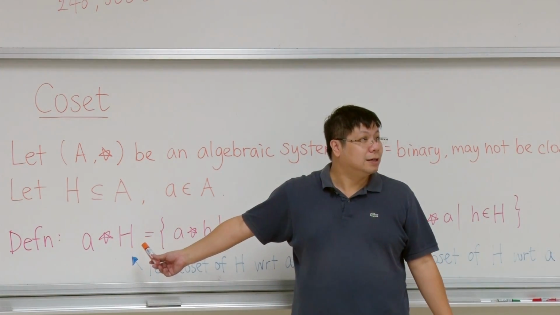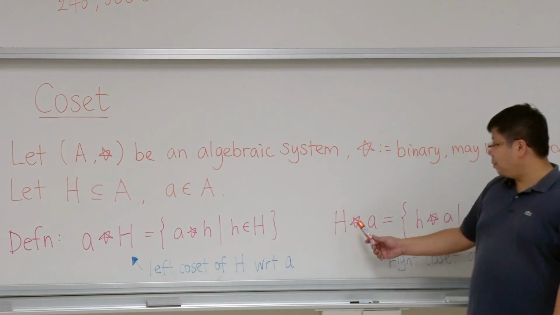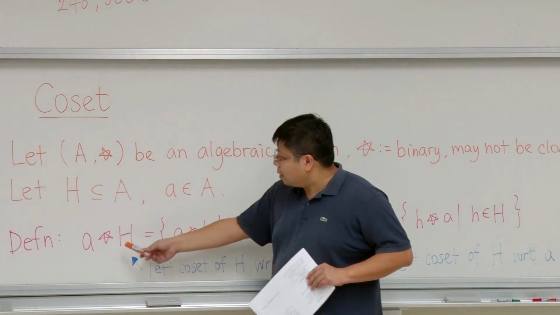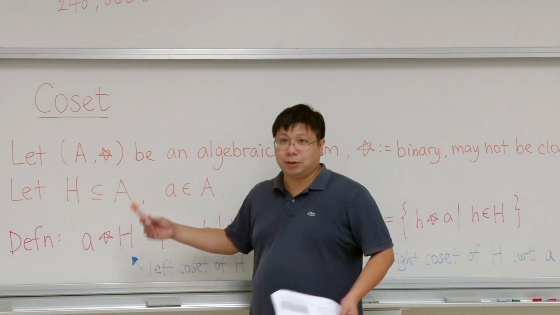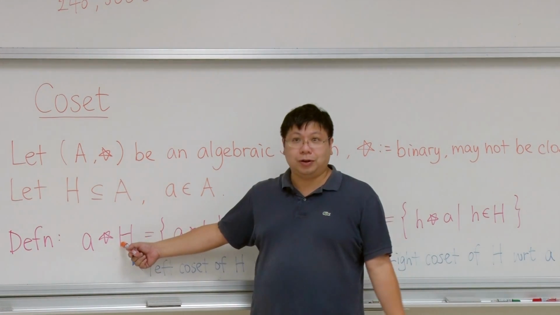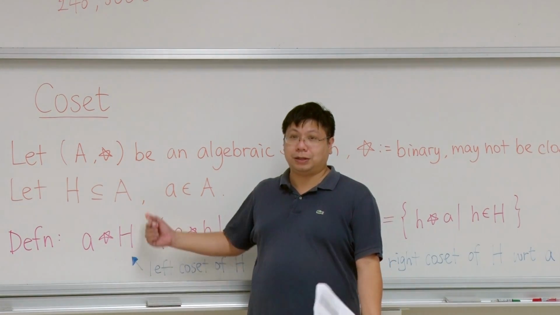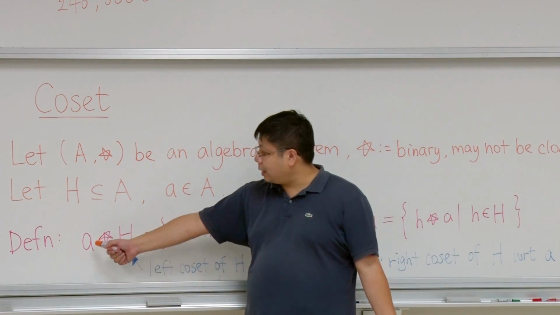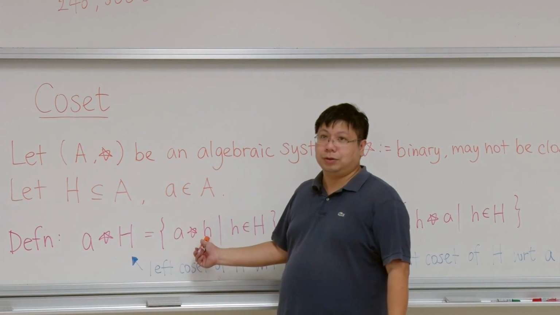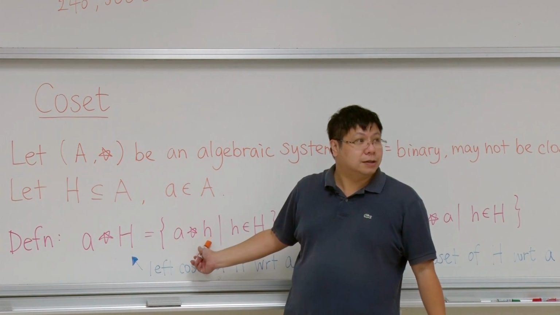Similarly, you can look at this notation. It is easy to see what a star small h is; it is just one item. A star big H, because H contains many things, maybe h1, h2, h3, is the collection of all the possible cases of a star h.